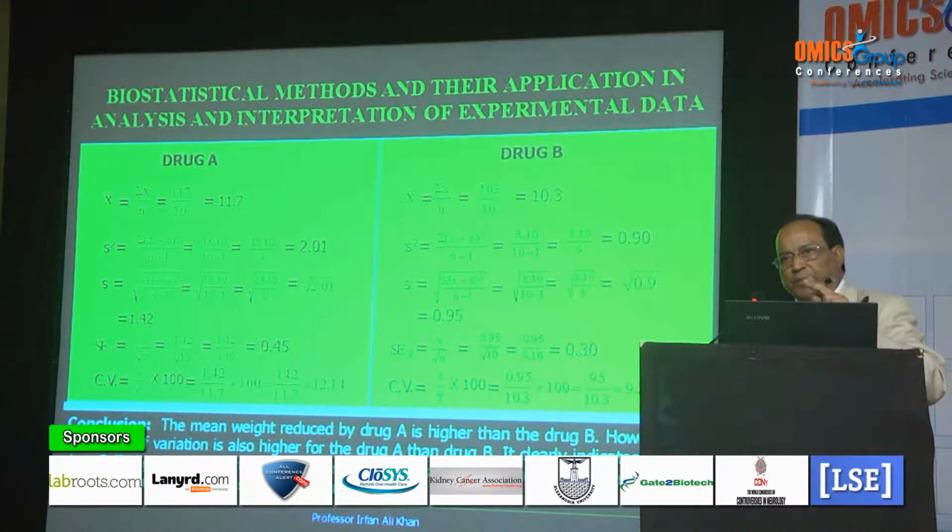Here the two important points are there. The mean value, you see whether it is high or less. But we are very particular about the coefficient of variation. Here it is 12.14, here it is 9.22.